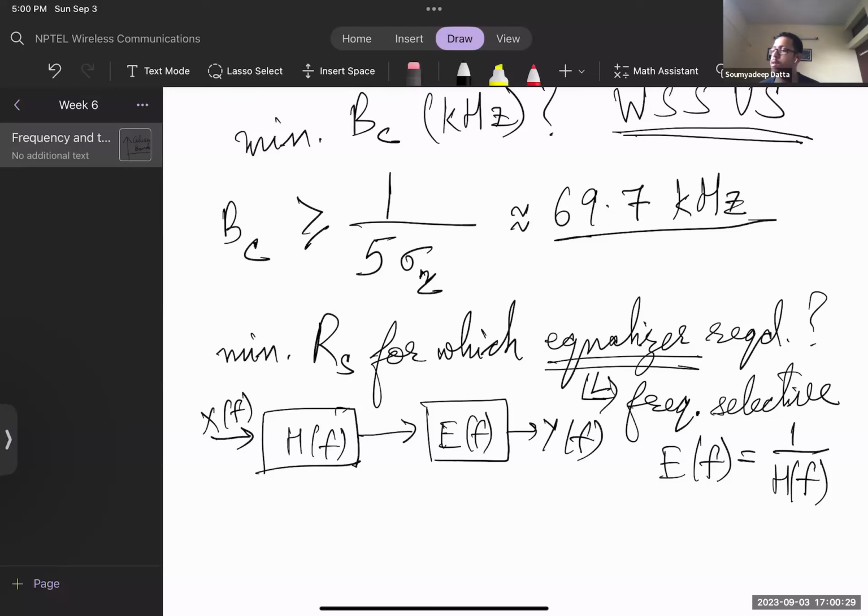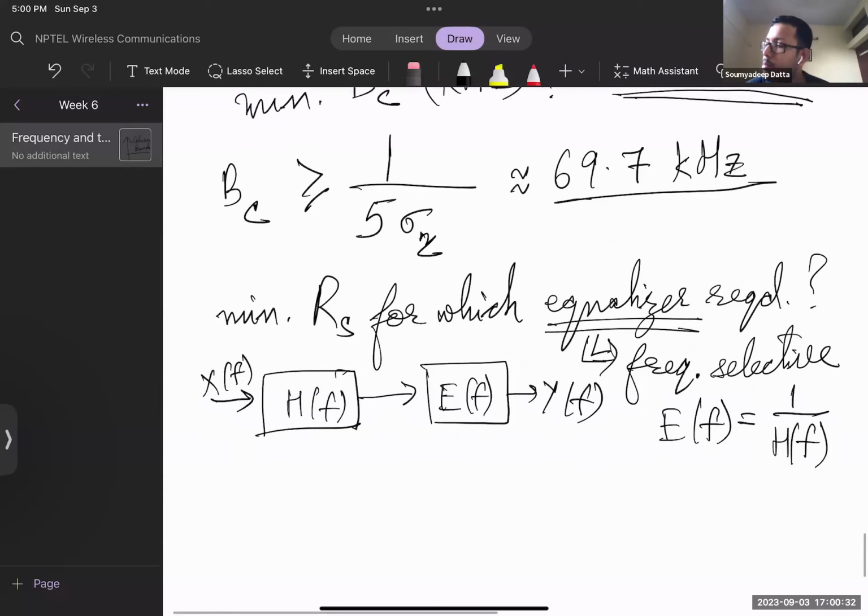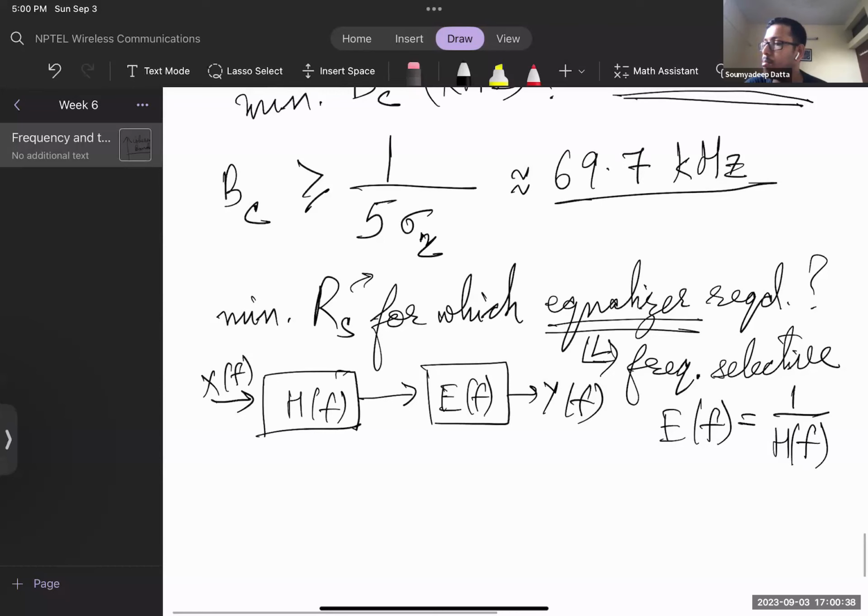This can be one kind of equalizer, but you will only need it if H of F is unequal across different frequencies. So essentially, by this question, the minimum symbol rate for which an equalizer is needed, you are trying to say what is the minimum symbol rate for which my channel is frequency selective.